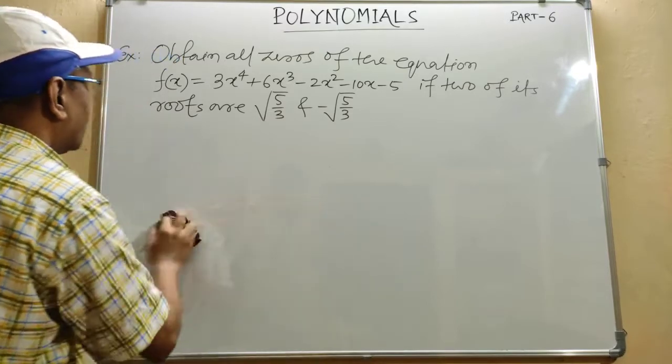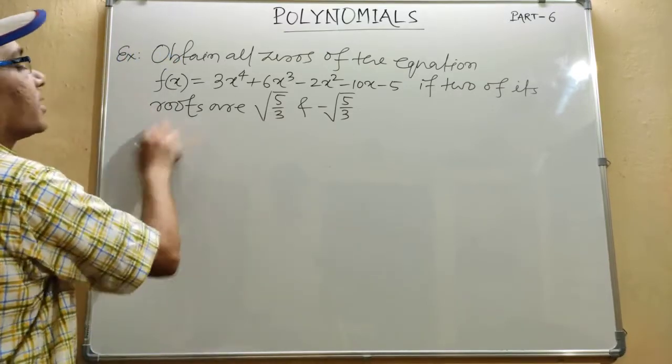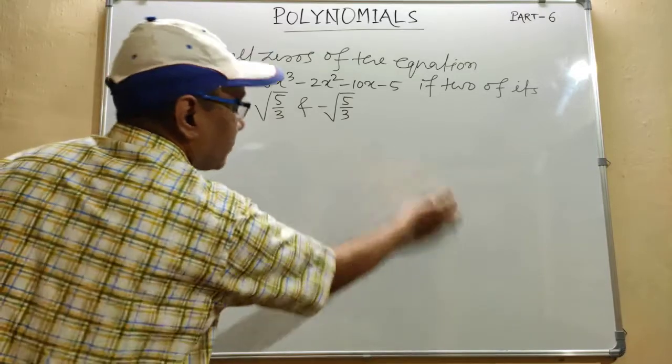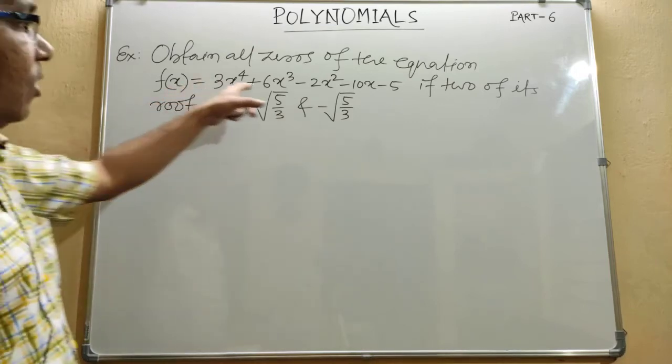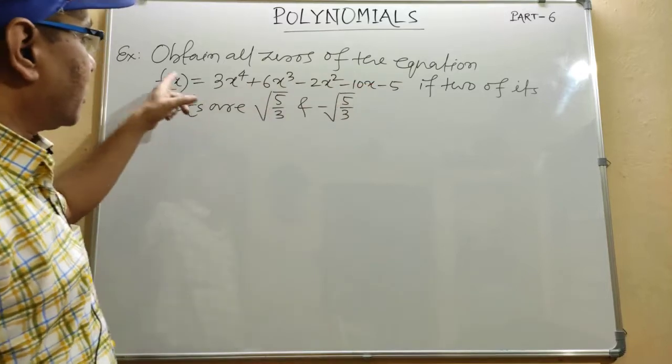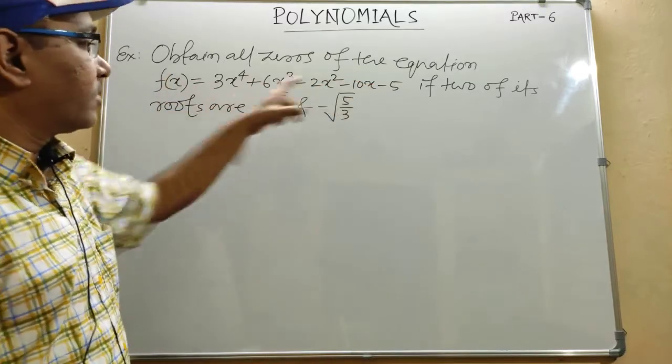This type of question is there in your textbook. A number of similar problems are there in the textbook. Obtain all the zeros of the polynomial f(x) = 3x⁴ + 6x³ − 2x² − 10x − 5. You have to calculate all the roots. It is a 4th degree polynomial.